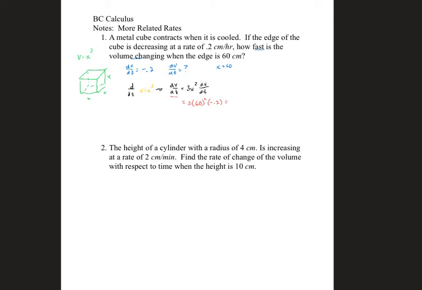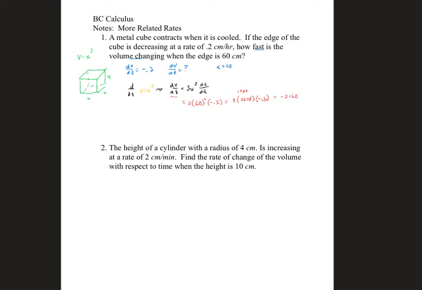So some serious arithmetic here. We've got 3 times 60 squared, which is 3600, times this negative 0.2. Trying to see what we can do, anything nice and easy. I guess we could move the decimal over and get rid of one of those zeros. 3 times 36: 3 times 30 is 90, 3 times 6 is 18, so 90 plus 18 is 108, with another 0. Multiply that by 2, and we'll get negative 2160, sounds about right to me.